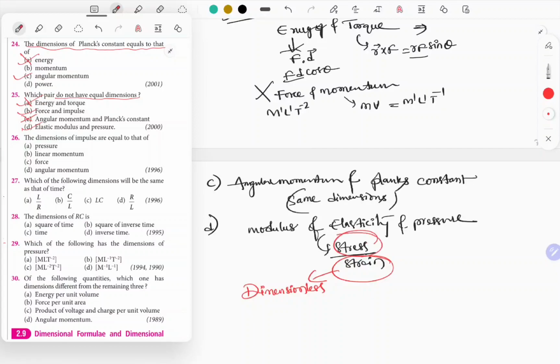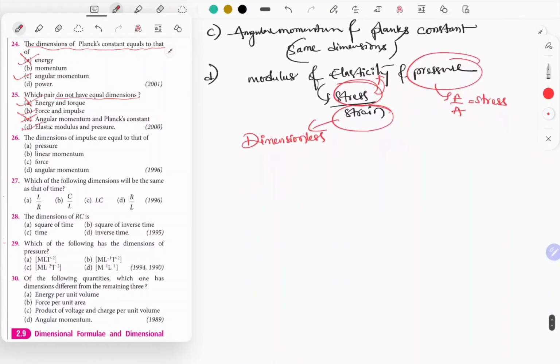So whatever the dimensional formula I have for stress, that is equal to the dimensional formula for modulus of elasticity. The pressure formula is force by area, which is equal to stress. So this also has equal dimensions. So the only option which does not have equal dimensions is option C, that is angular momentum and Planck's constant are, sorry, not angular momentum. Option B, force and impulse do not have the same dimensions.